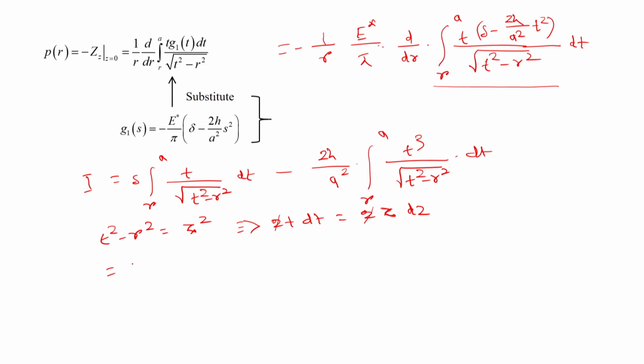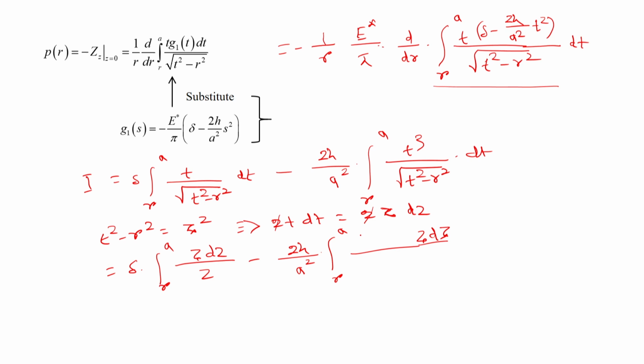So, here I will have delta into integral from r to a, t dt is equal to z dz over z, and minus 2h by a square, right, and here it is r to a into t dt will be z dz. I will have t square here.